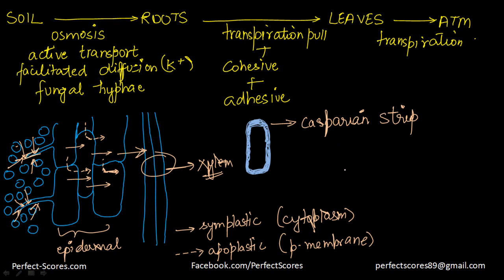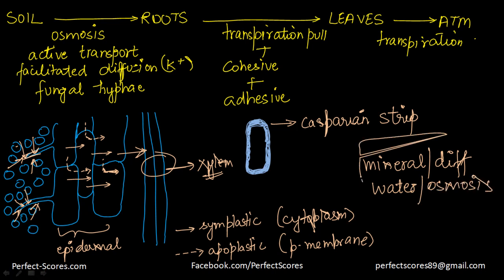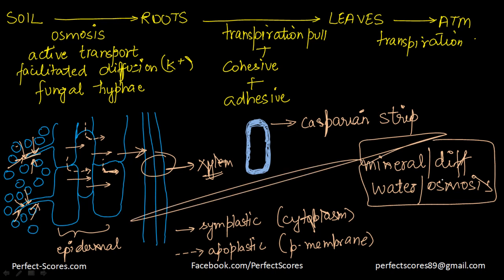Minerals easily flow through diffusion. So let me just write it down: when minerals flow through diffusion, and water flows through osmosis, which is the most natural way of flow of these materials, this is known as a bulk flow or a mass flow.